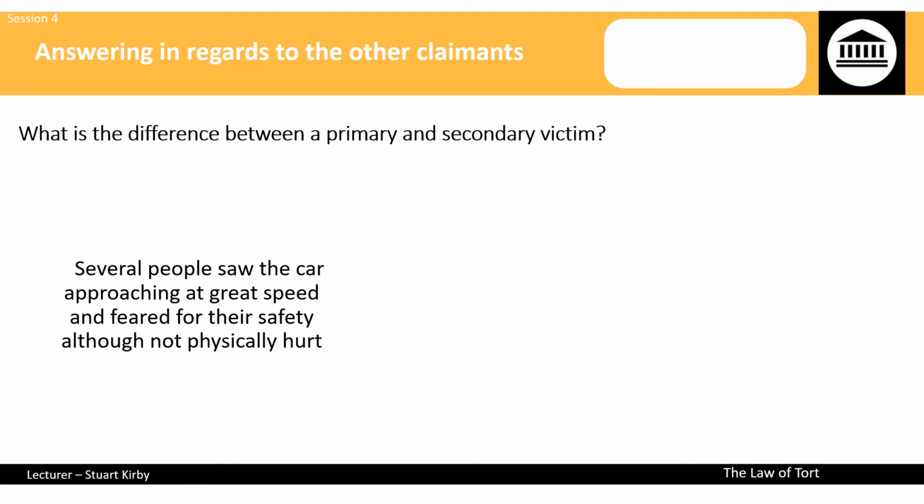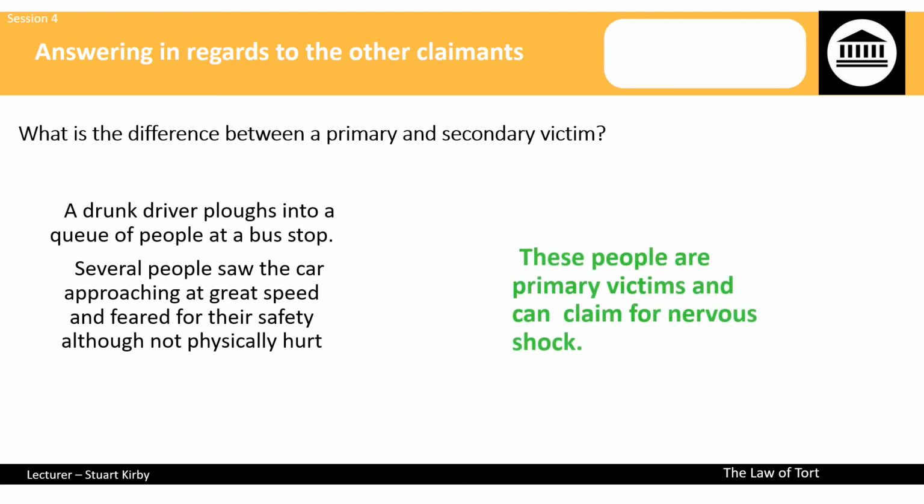Several people saw the car approaching at great speed and feared for their safety, although not physically hurt. So they were at the bus stop as well, and actually they were able to maneuver, jump out of the way, but they feared for their safety. These people are also primary victims, and can claim for nervous shock.